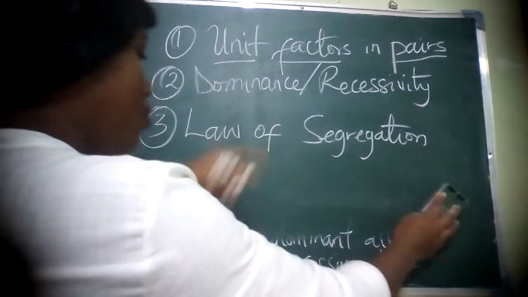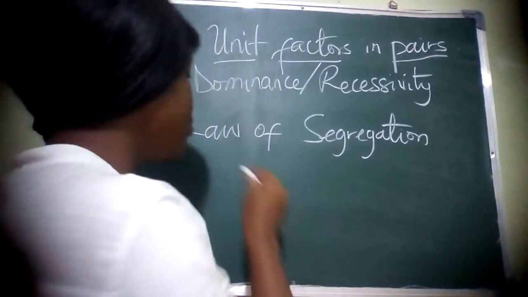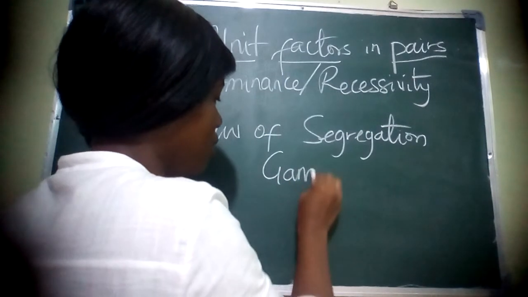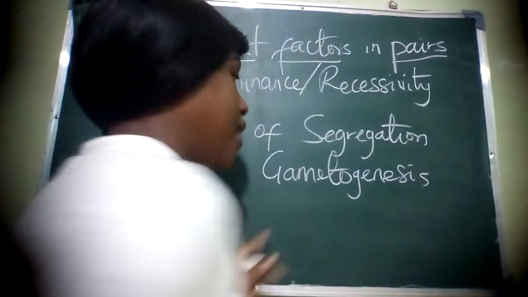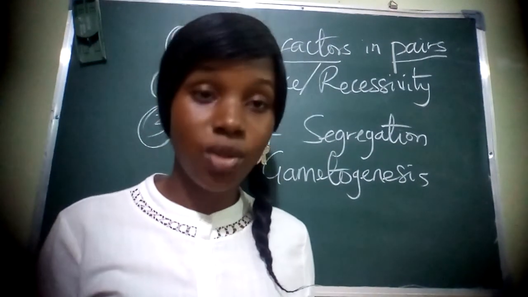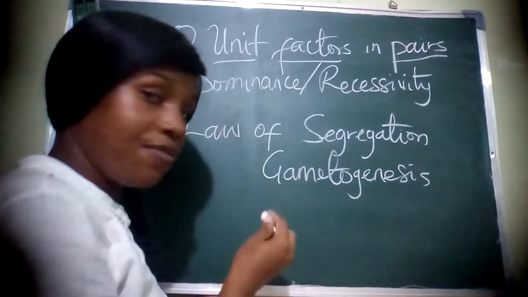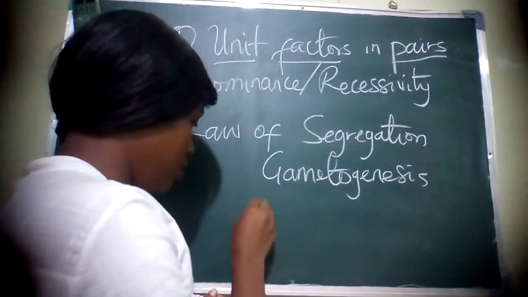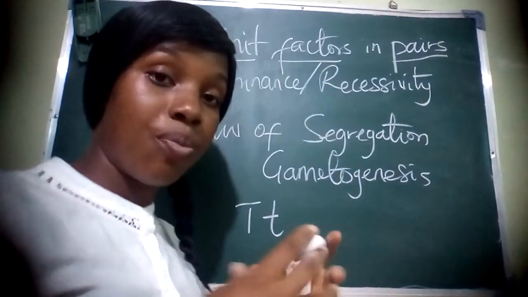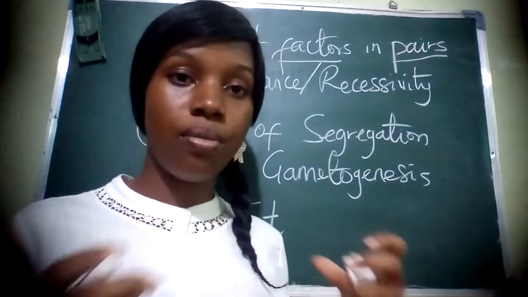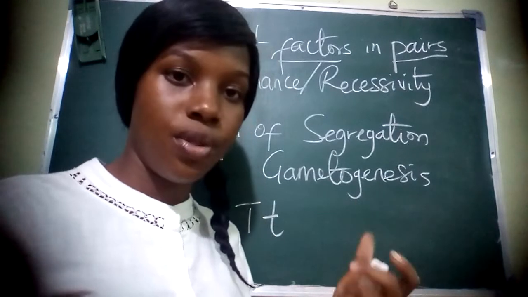Then for the law of segregation, this states that during gametogenesis, that is the production of gametes in sexually reproducing organisms, paired unit factors, those alleles, separate or segregate randomly, whereby each gamete gets one of the two unit factors.